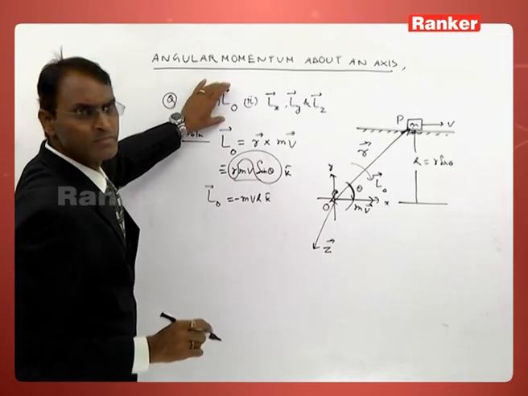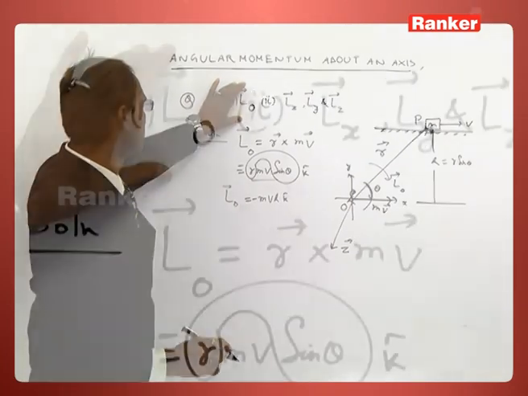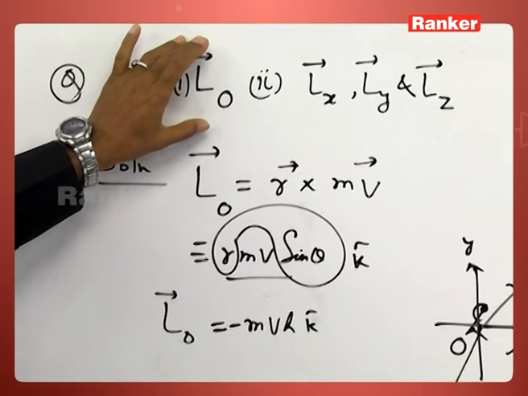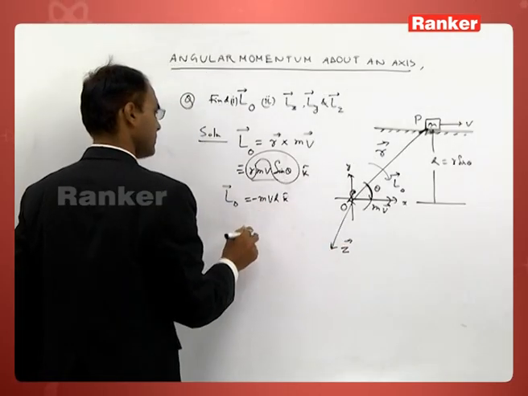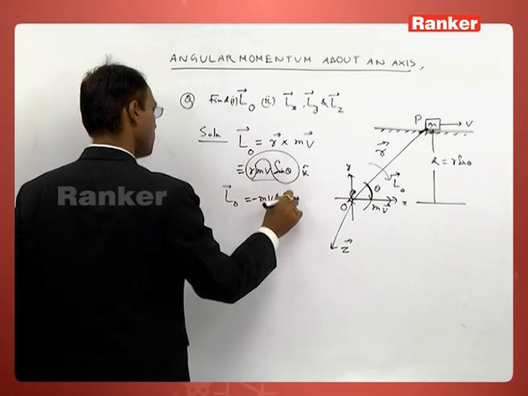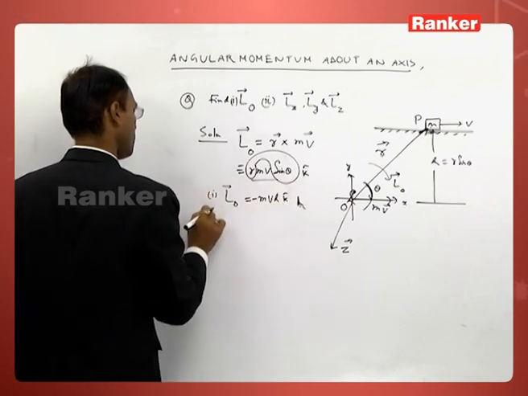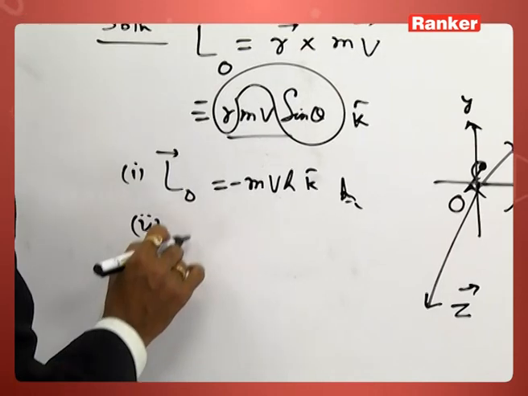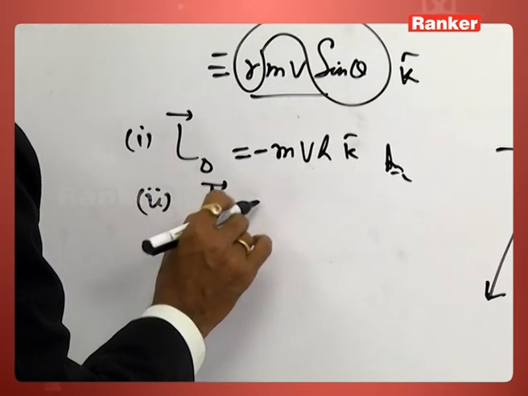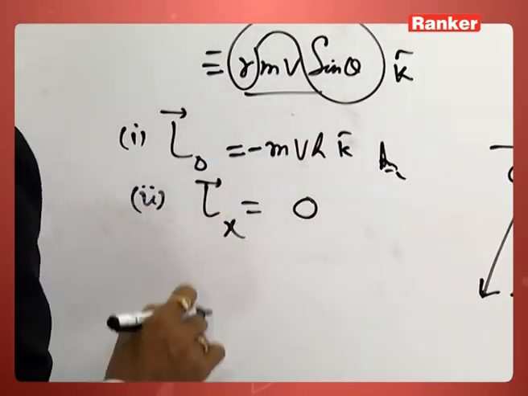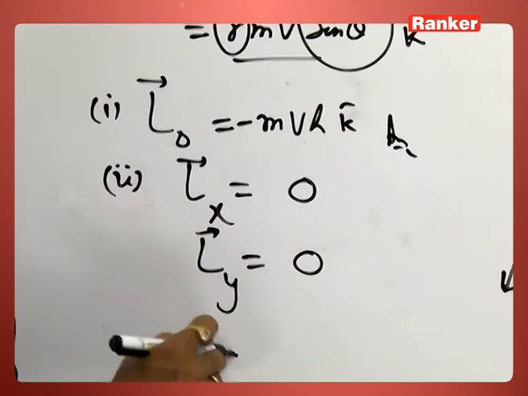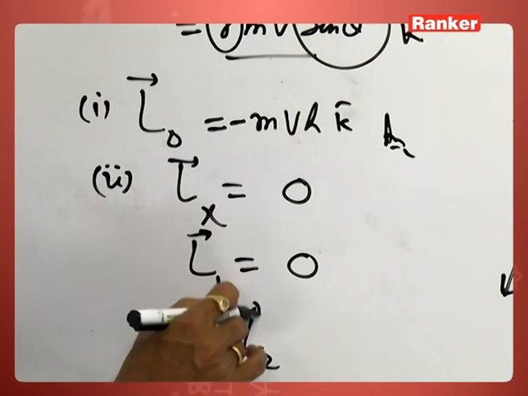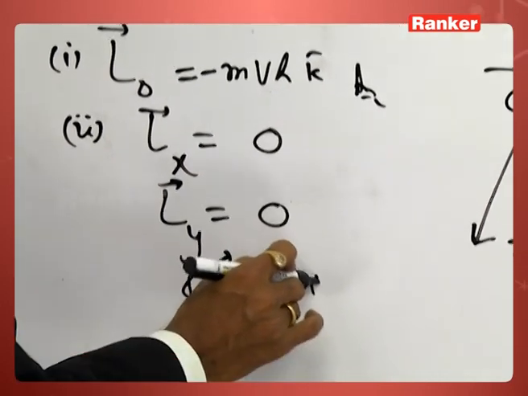So the entire angular momentum vector is directed along negative z direction. Therefore, along x direction, its component is 0. Along y direction, its component is 0. And along z direction, the component is mv into h.